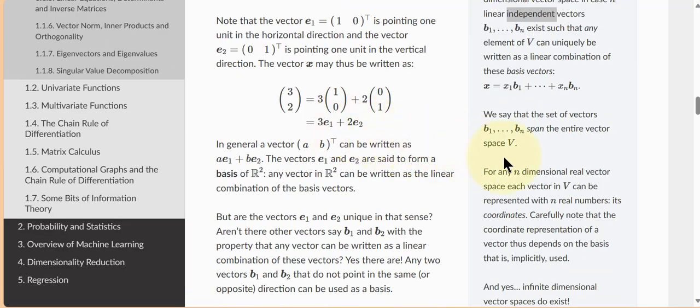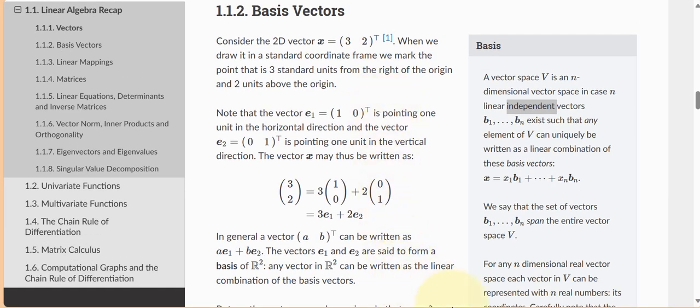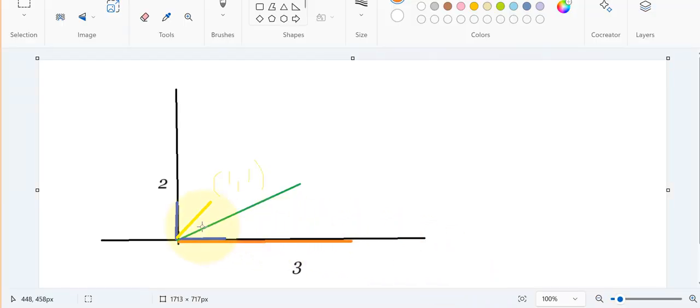Okay, now once we have a basis for a vector space like this, it gives us a basis for R2, but I also said that, say, the blue one and the yellow one also give us a basis for R2, because we can get to any vector in R2 as a linear combination of the blue and the yellow one.